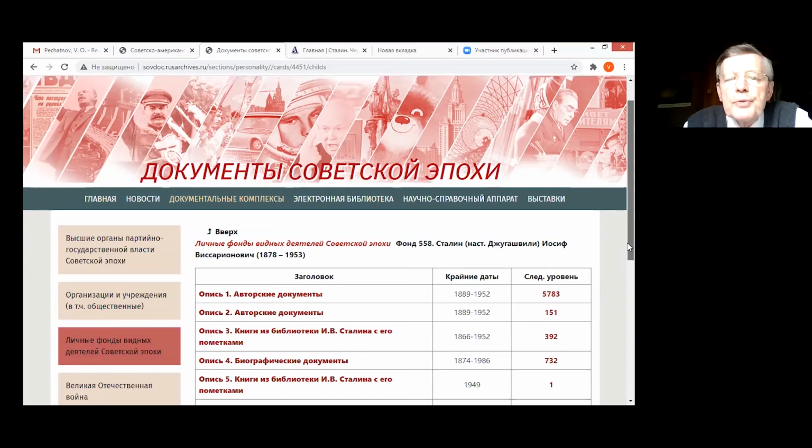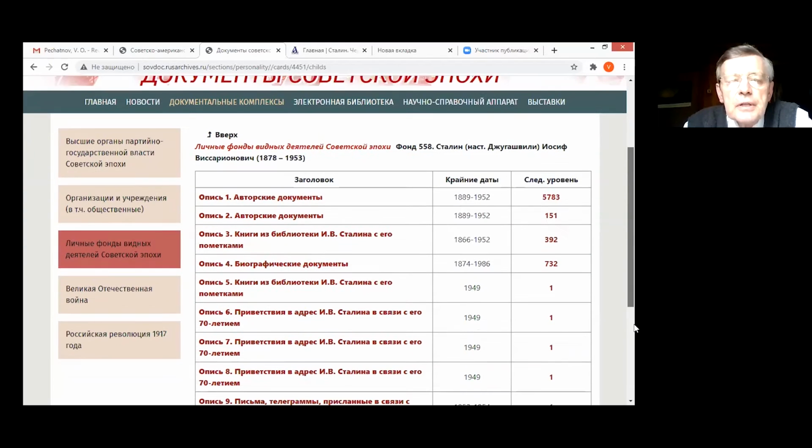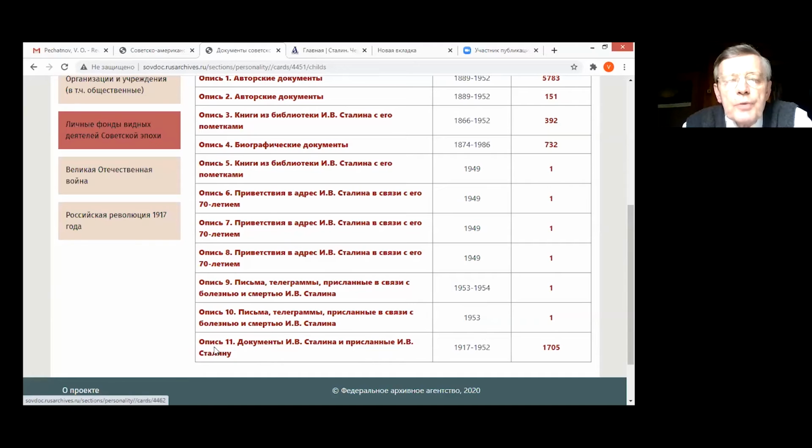And for our purposes, the most important part of it is OPIS 11, which has, as you can see, some 175 folders, which is basically whatever there is available for Stalin, documents sent to him, signed by him, and that's where we got most of our material on Stalin's correspondence with Churchill and Roosevelt. All the originals are there.